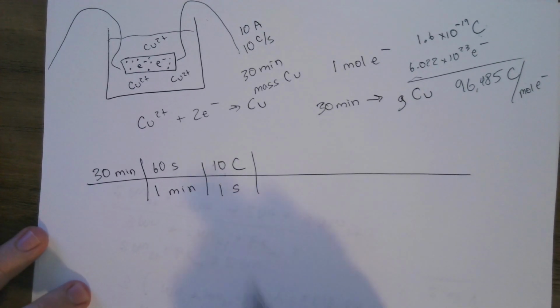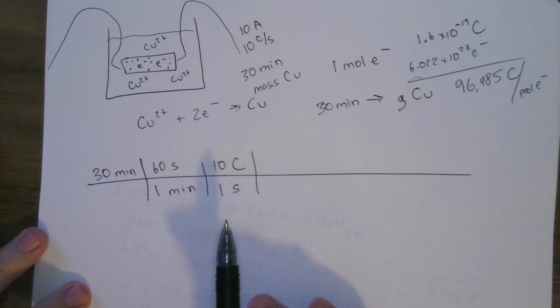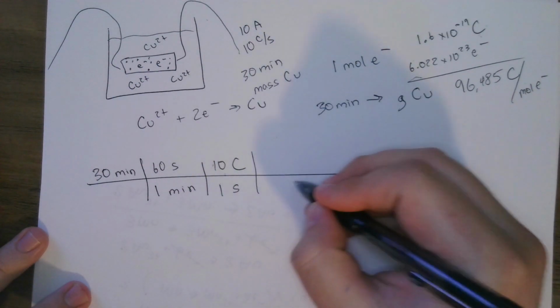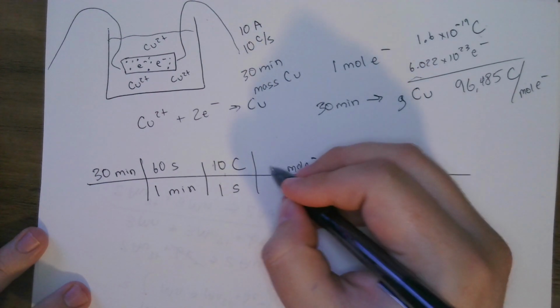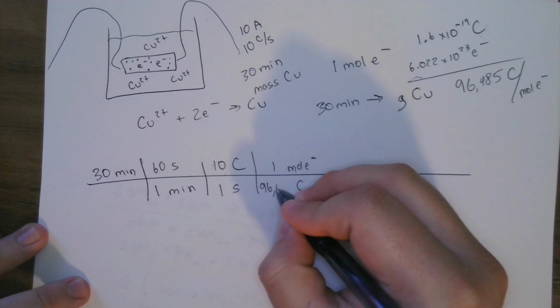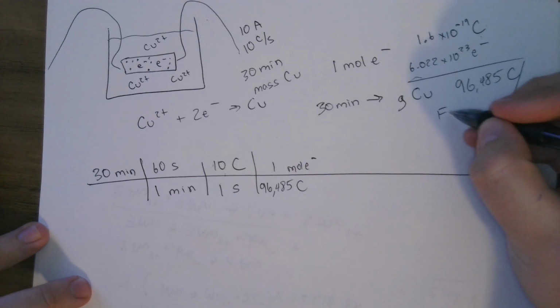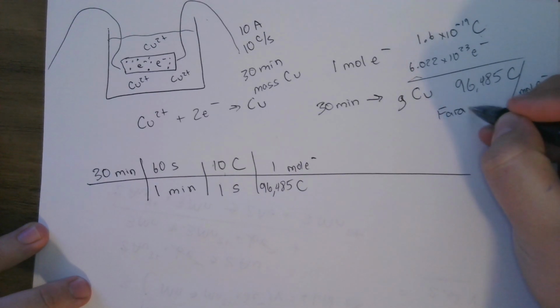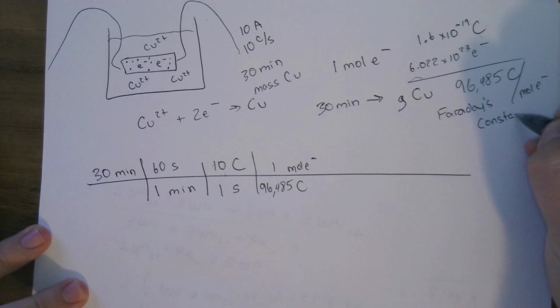So that's our next goal. We know exactly how many coulombs have passed through. I'm going to change that into moles of electrons. Coulombs is on bottom, moles of electrons on top. 1 mole of electrons has 96,485 coulombs. This is a special number called Faraday's constant, and this is how we calculated it.